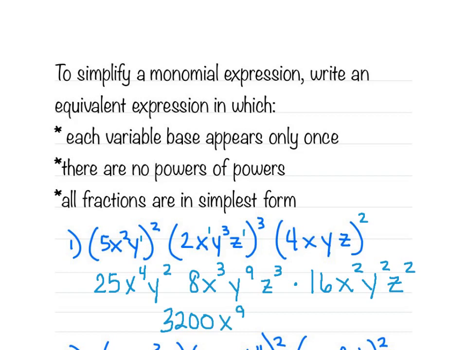Y squared times y to the 9th is y to the 11th times y squared is y to the 13th. Z cubed times z squared is z to the 5th power. Therefore, that is the product of that problem.